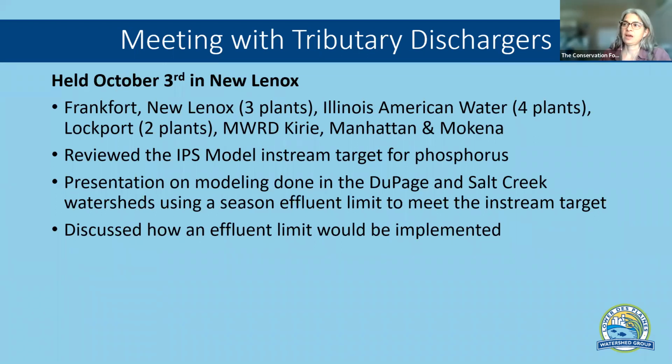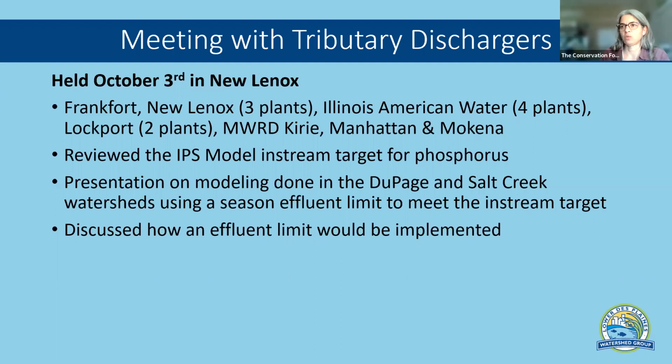And so looking at how we would implement that as an effluent limit, and this is following along a lot of the discussions and steps that DRCW and Lower DuPage are utilizing in the same way, looking at how an effluent limit potentially in the 0.35 range would get us to that in-stream target.